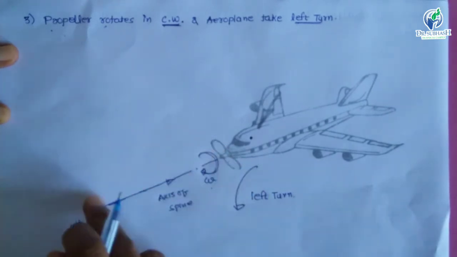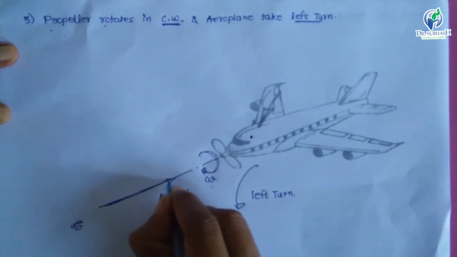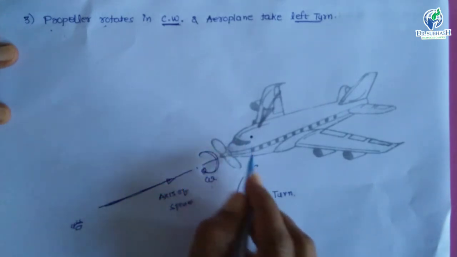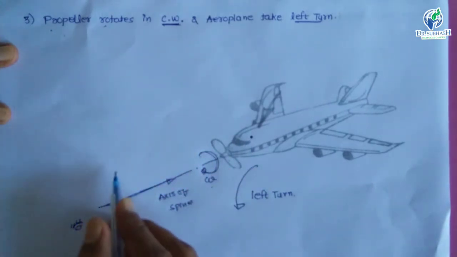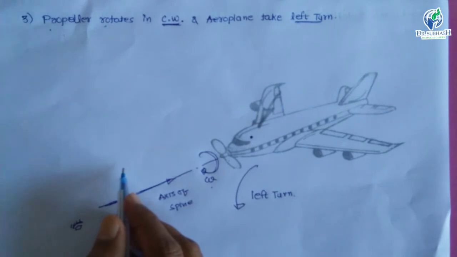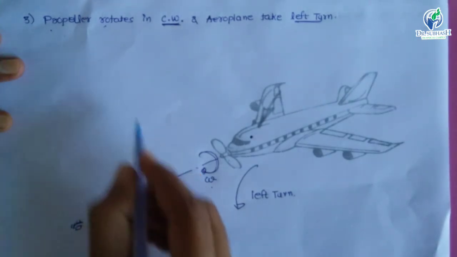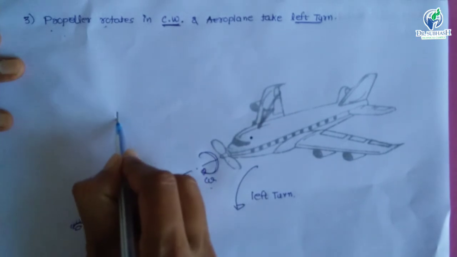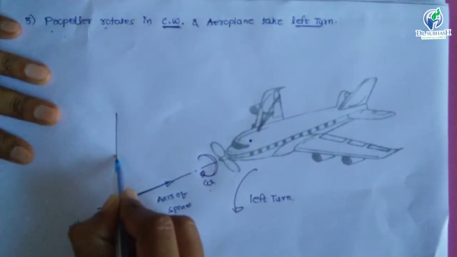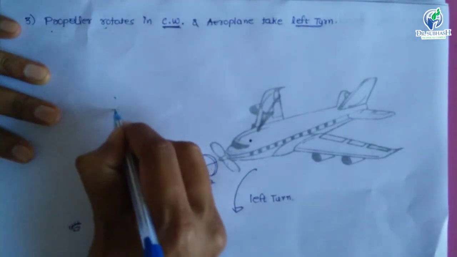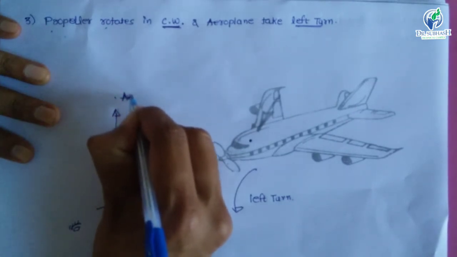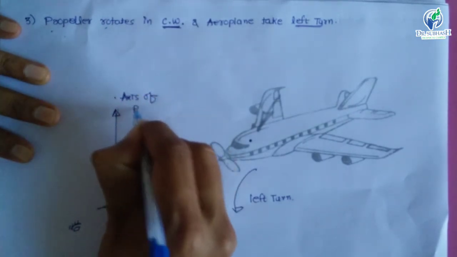So this is the axis of spin, and this is the vector that represents the angular velocity of the rotor. We again know that the axis of precession is always at right angle to it, so this is the axis of precession.